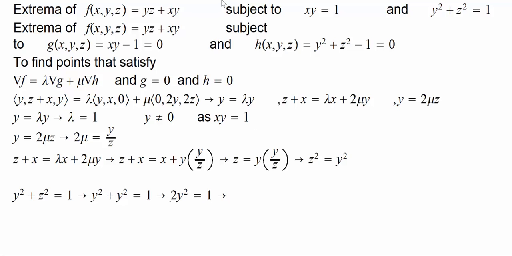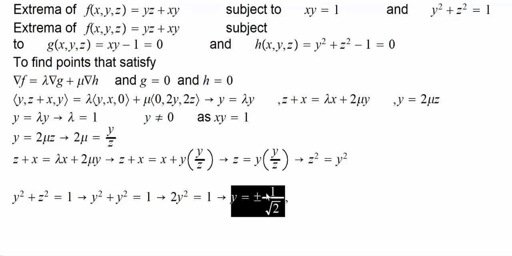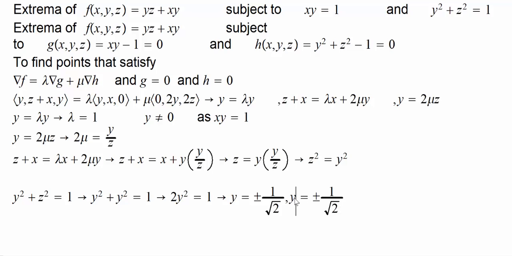So let me write that down, 1 over square root of 2, and z is going to have the same values, right? So z is this, and then we can find the points x, and so we have found the points, and all we got to do is just compare the values of this at those points.